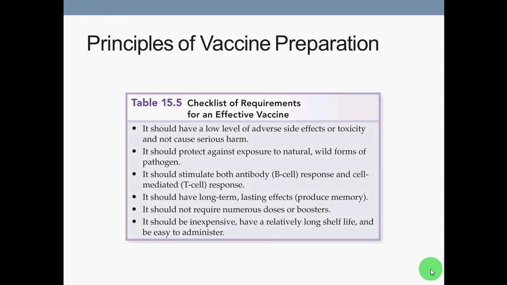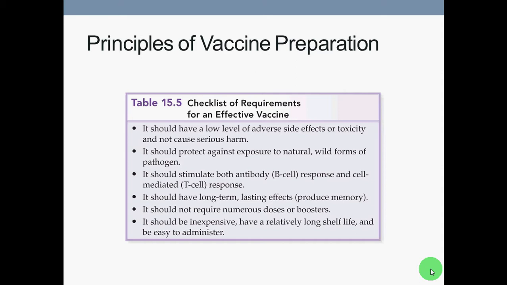These are the checklists that somebody who's developing a vaccine is going to go through as they are developing that vaccine, making sure that it meets all of these checks. So again, low level of adverse side effects. It needs to protect against all kinds of forms of the pathogen, or as many as you could possibly come up with.